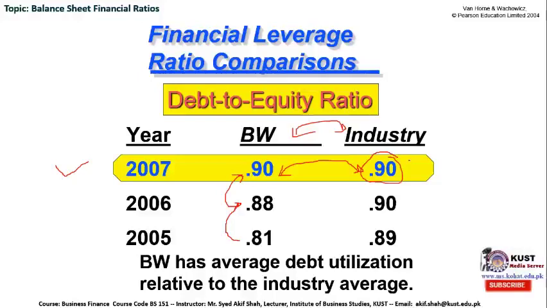It means that the company is performing within the realm of the industry mean. Therefore, we can infer that Basket Wonder is utilizing its debt to equity ratio in the same manner as the industry expects or demands.